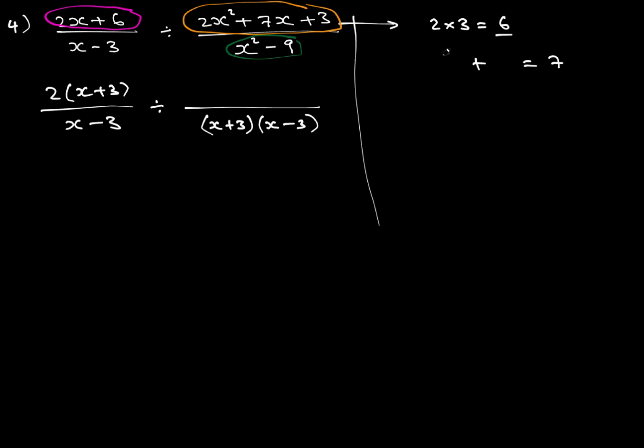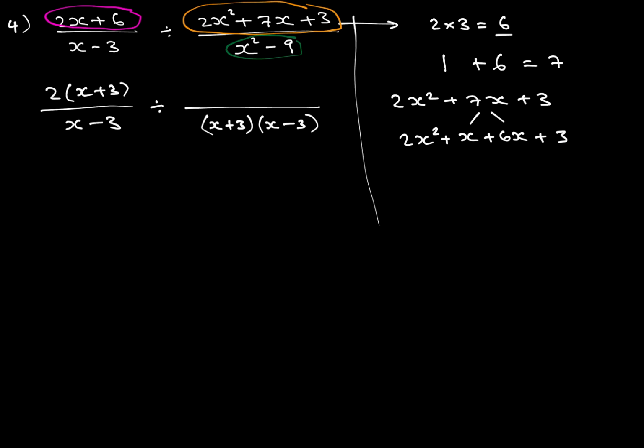So off the top of my head, it must be 1 and 6. And that means I'm going to take my numerator, which is 2x squared plus 7x plus 3, and I'm going to separate the x term into 1x, or just x, and 6x. And I can just bring down the 2x squared, and I can bring down the positive 3 at the end.